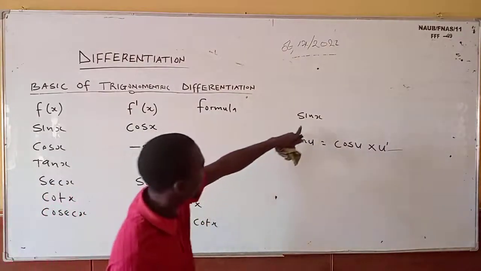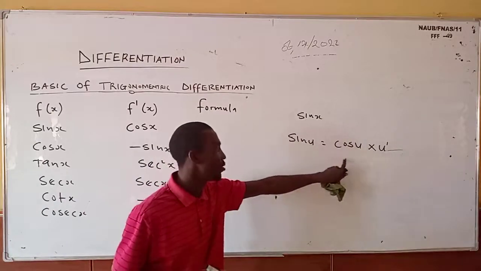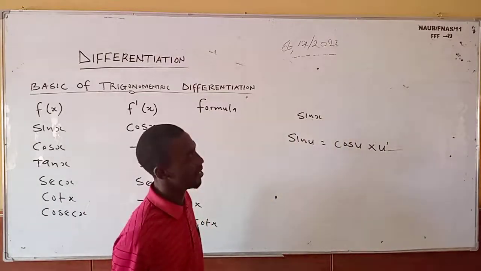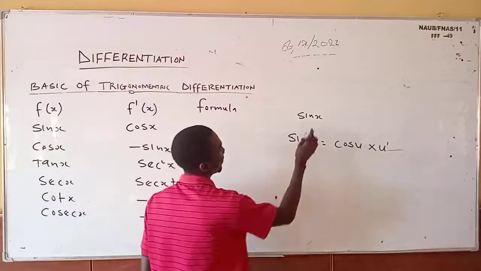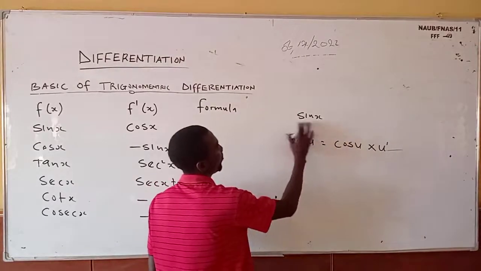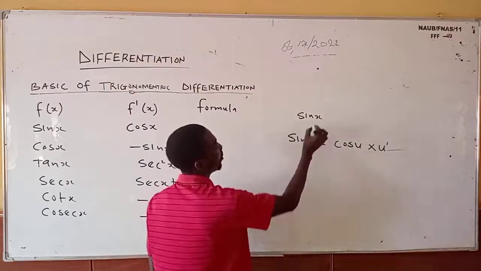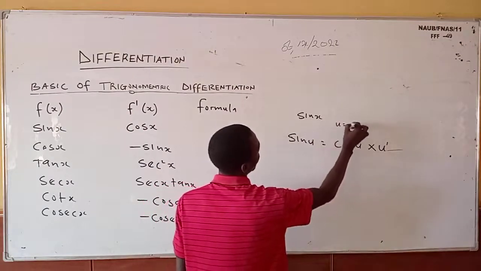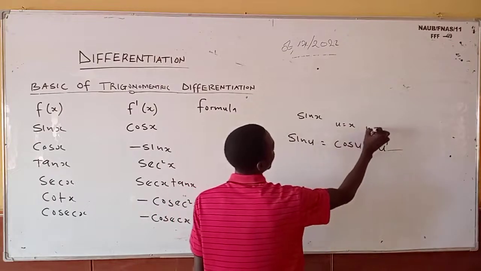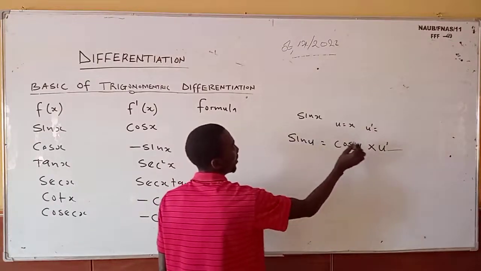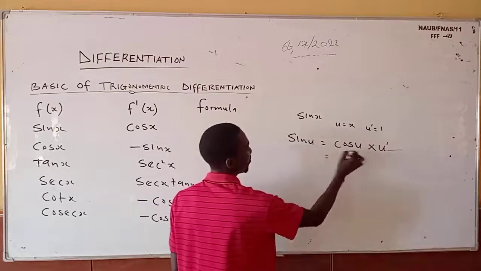So now, let's use this formula to solve sine s. If we differentiate sine s, I say u should be equal to s. If u is equal to s, then what is u prime? If I differentiate s, I'm going to have 1. So let's substitute this here.